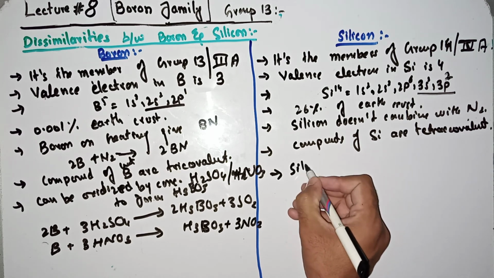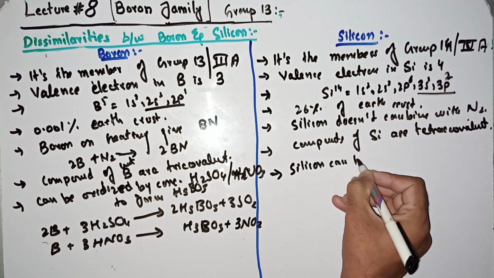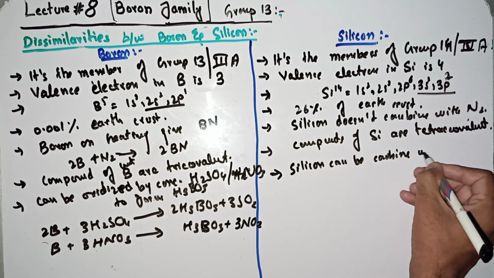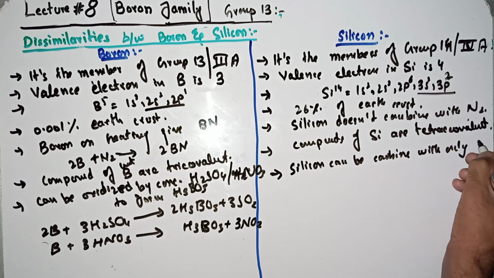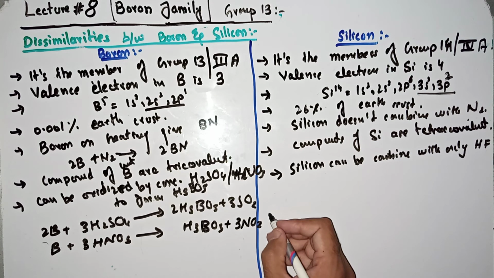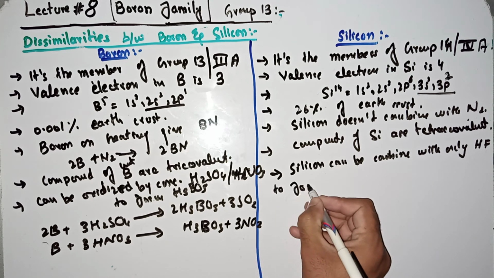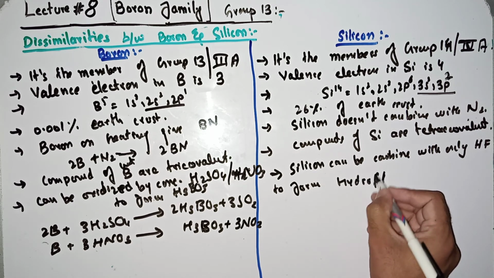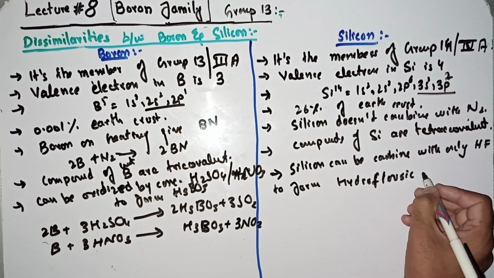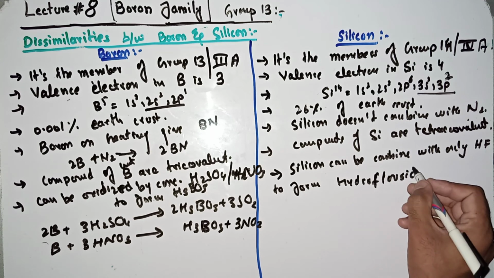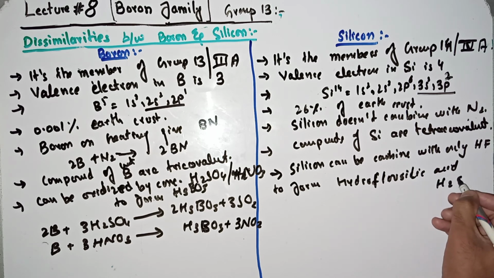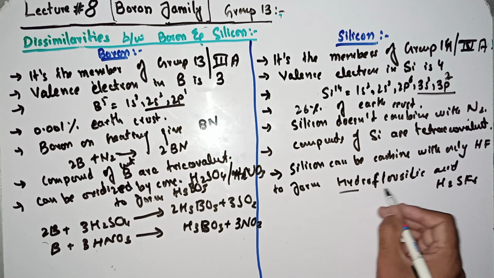Silicon can combine with only HF to form H2SiF6.